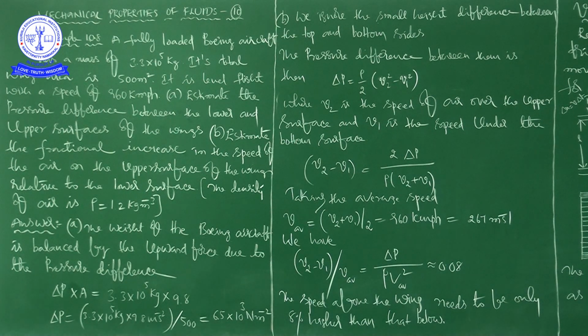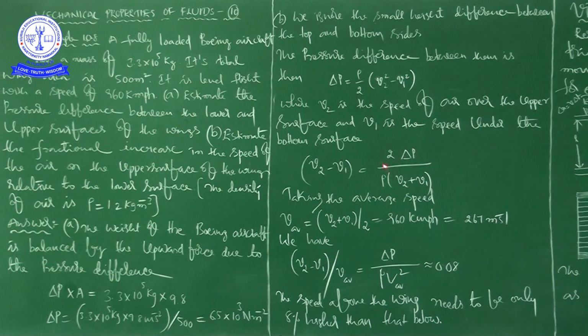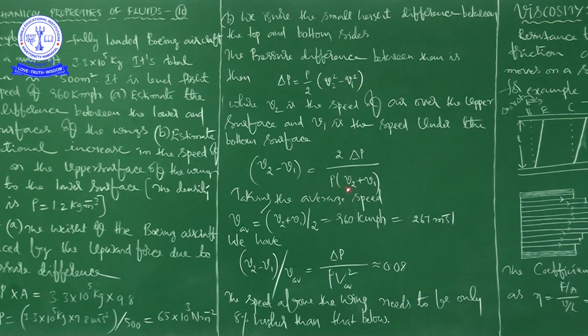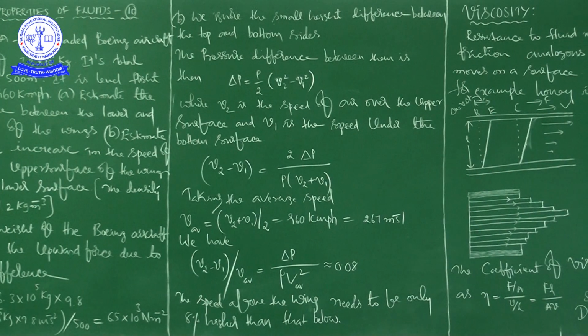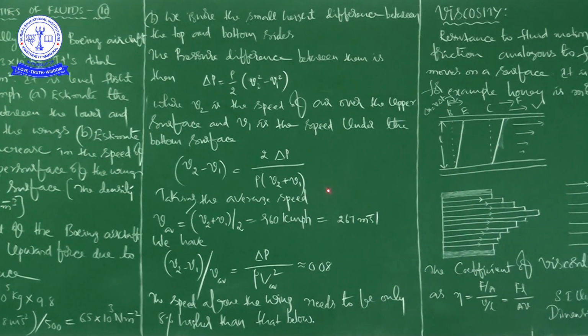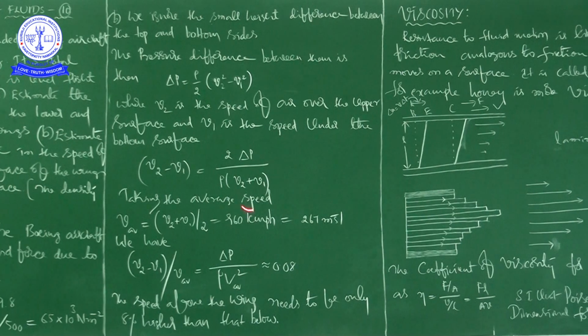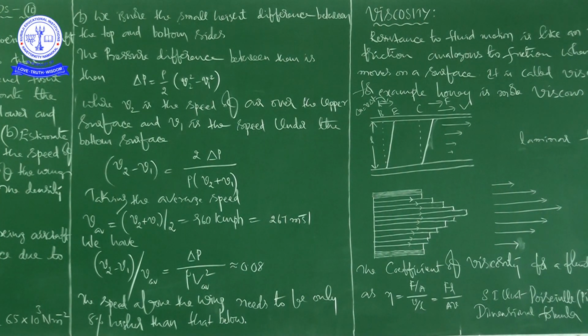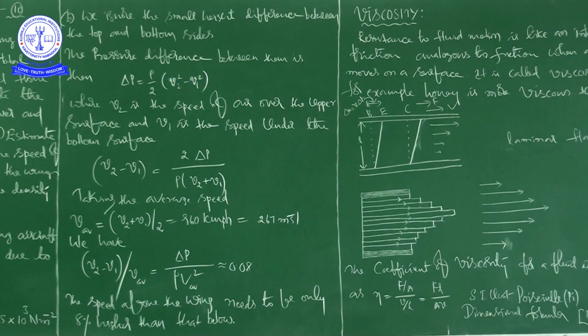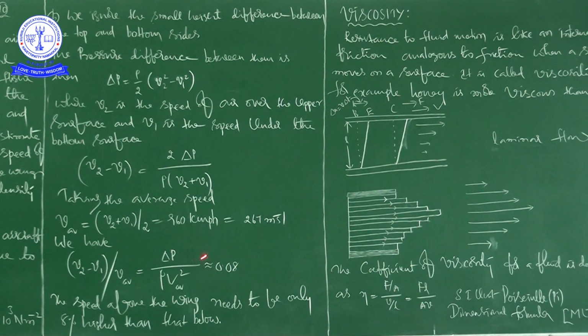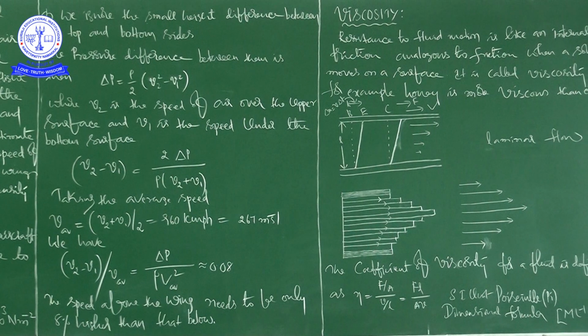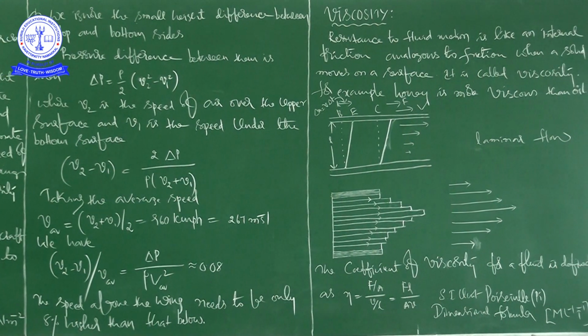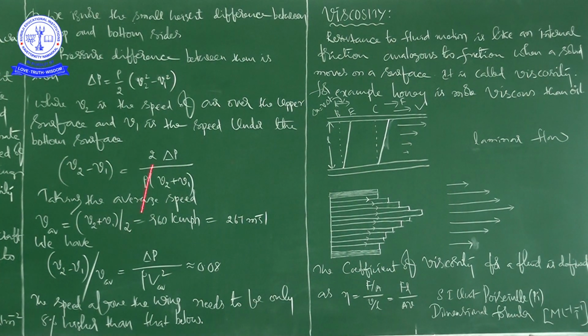We have (V2 − V1) divided by V average, so 2ΔP divided by ρ(V2 + V1) divided by (V2 + V1)/2. Then finally we get ΔP divided by ρ V average squared, which is approximately equal to 0.08.